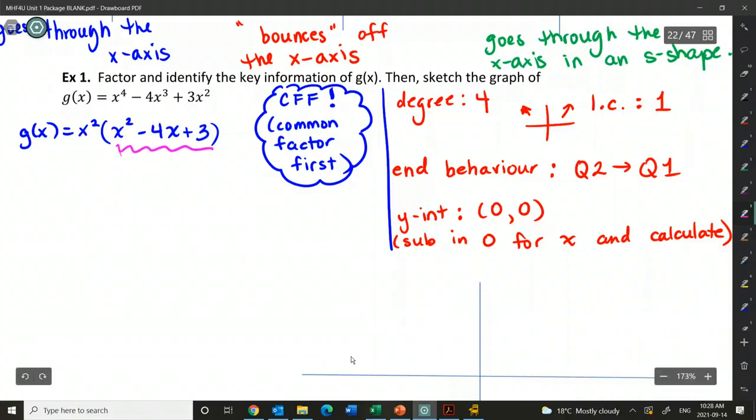Now I need to see if I can factor what's in the brackets a little bit further here. We call this an easy trinomial. It has an a value of 1. So when I say that, I mean it has a 1 in front of the x squared. So I should be able to just find the two numbers and put them into brackets right away. What am I looking for when I factor something like this? It needs to multiply to something and add to something.